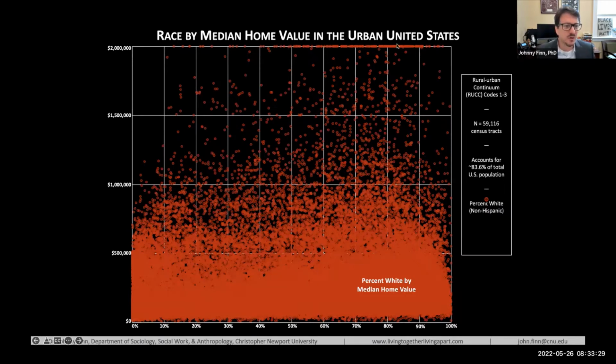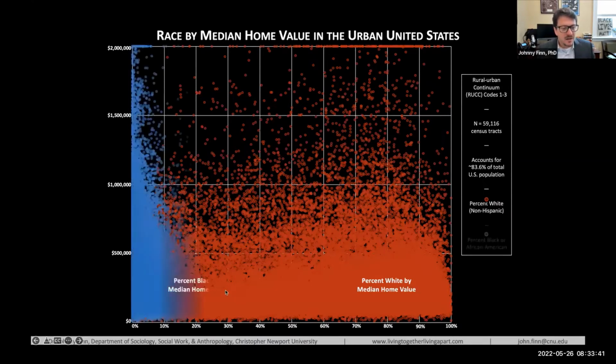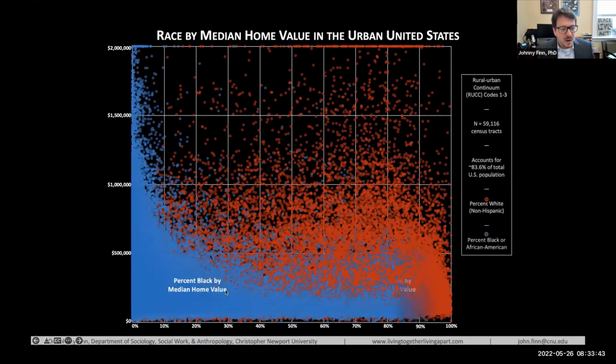There are about 200 or 300 census tracts with home values in that top coded range, so that positive correlation between whiteness and median home value would be even stronger than what you're seeing. And when you add percent African-American by median home value, what you see is a fairly strong negative correlation. And I reran these analyses for the state of Ohio.